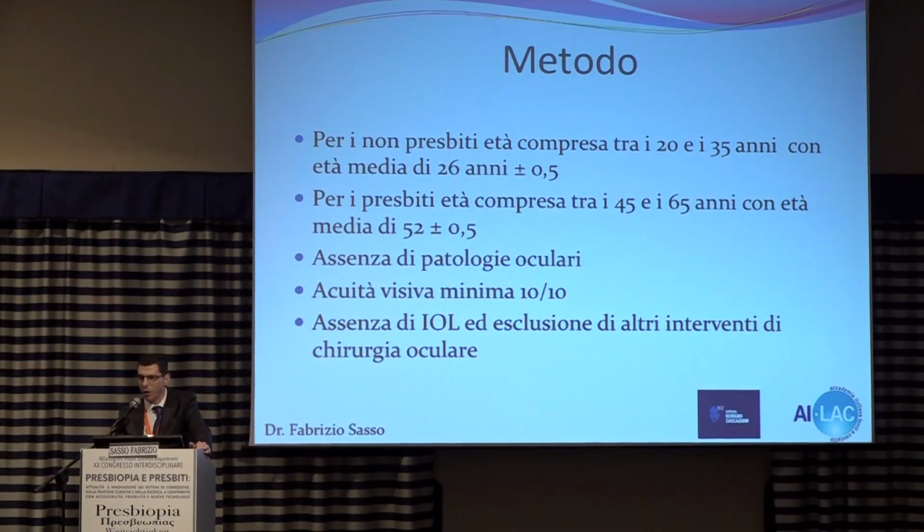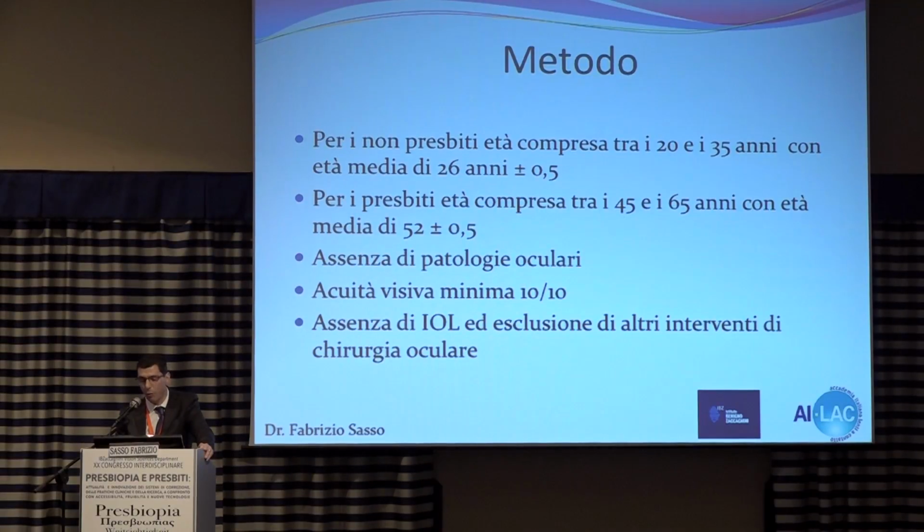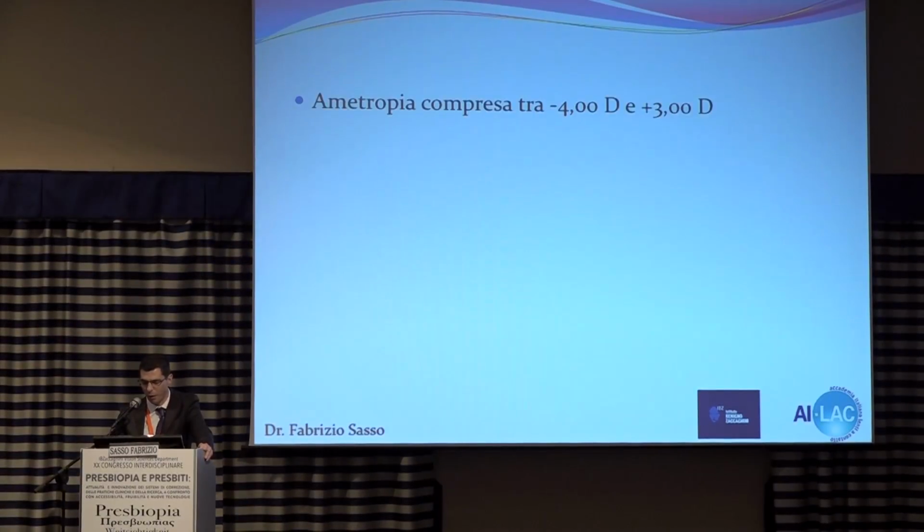A recent Chinese study published results in 2014 showing that the incisions made to implant the IOL not only cause astigmatism, as we saw yesterday, but they can also increase high-order aberrations. And then other surgeries were excluded.